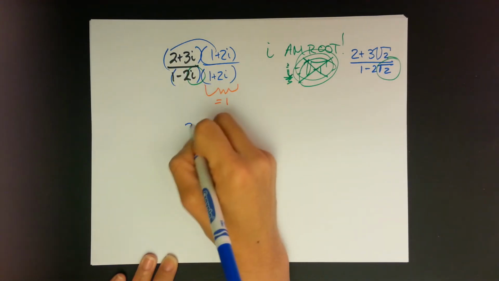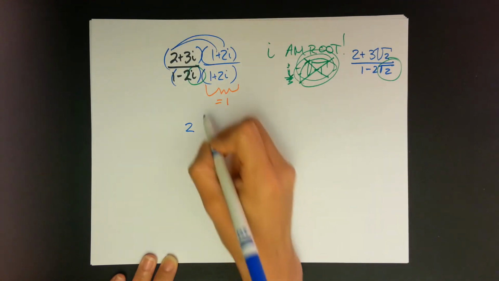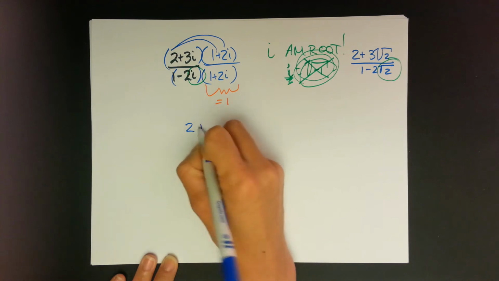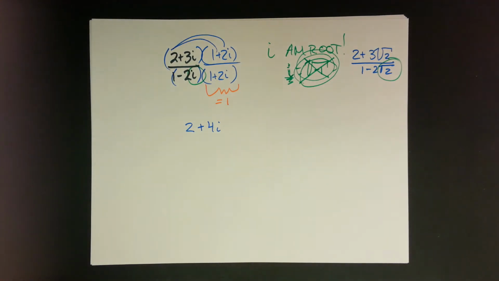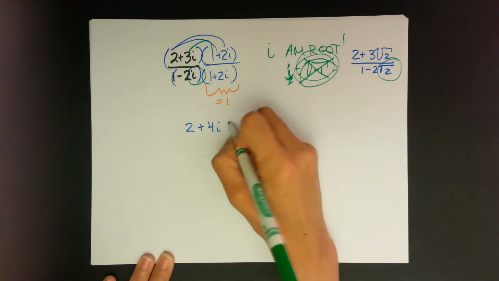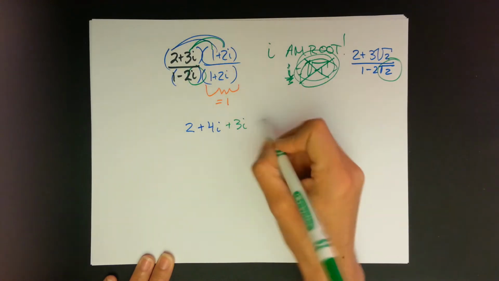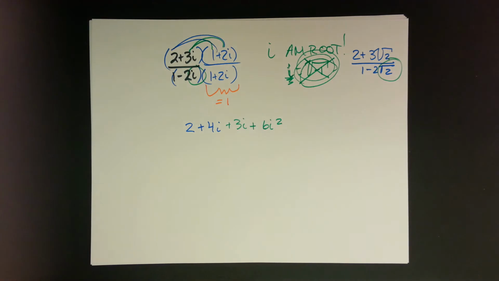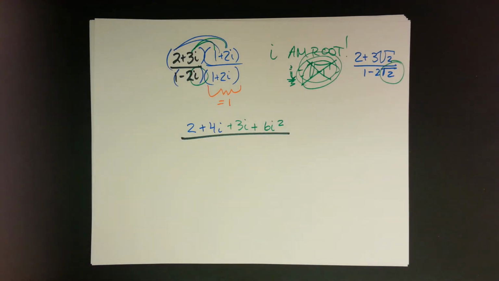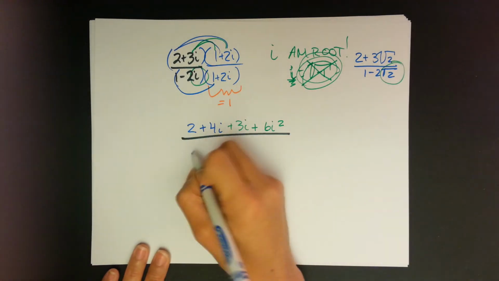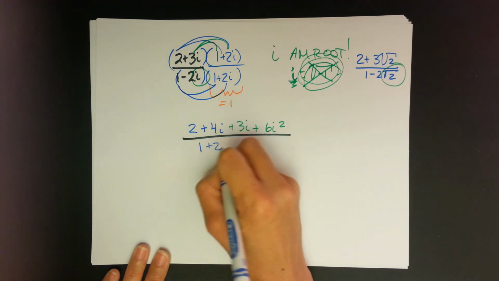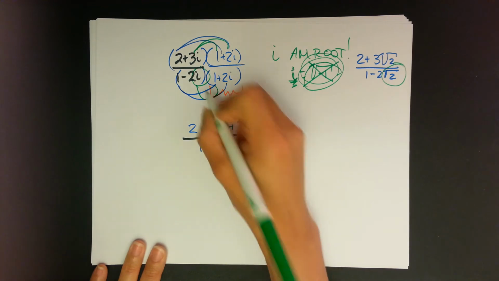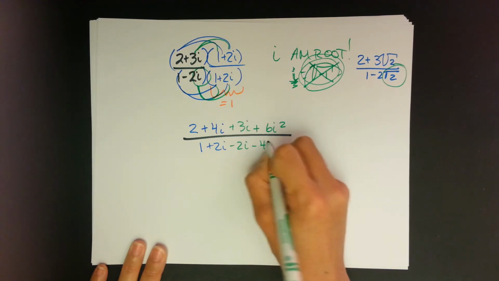So 2 times 1 is 2, 2 times 2 plus 2i, or 2 times, yeah, plus 2i is 4i. Alright, keep going. 3i, 6i squared. And let's do the same at the bottom. 1 plus 2i minus 2i minus 4i squared.